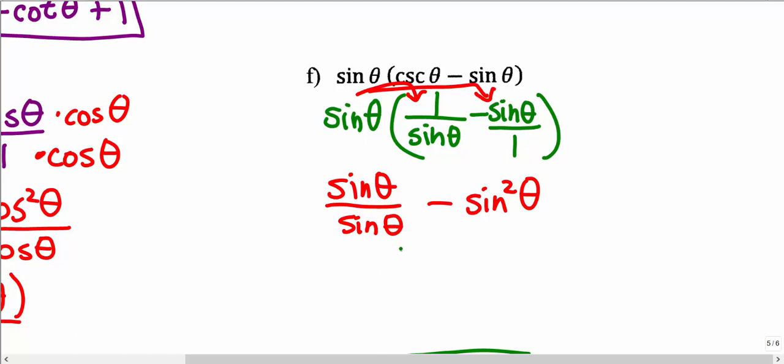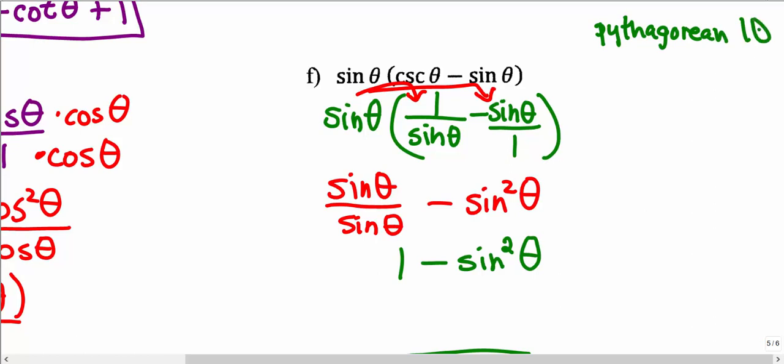Sine divided by sine, of course, is 1, and we have 1 minus sine squared theta. And let's practice with that idea that we just talked about, using a Pythagorean identity as a replacement to make what we see similar. So we have a Pythagorean identity that involves 1 and sine squared, and that would be sine squared theta plus cosine squared theta is equal to 1.